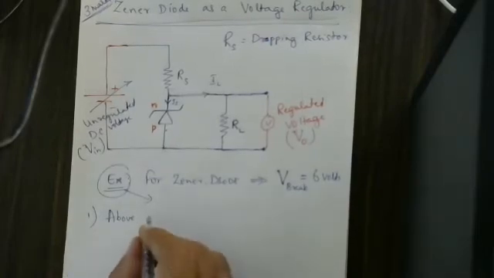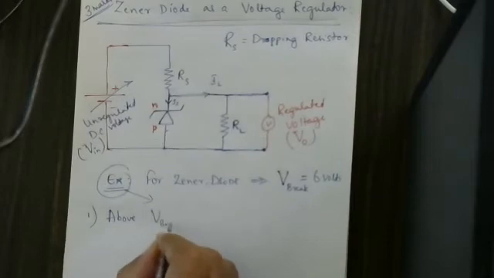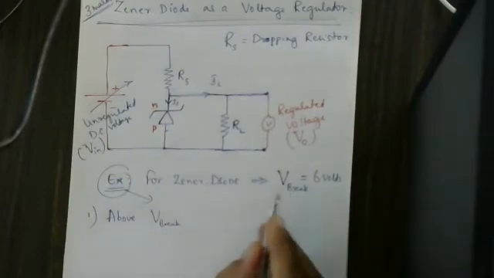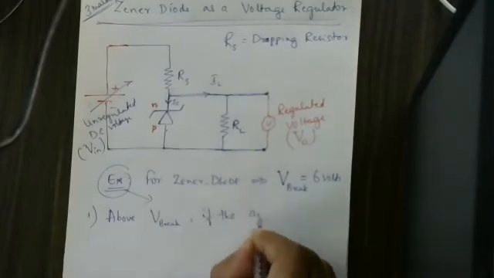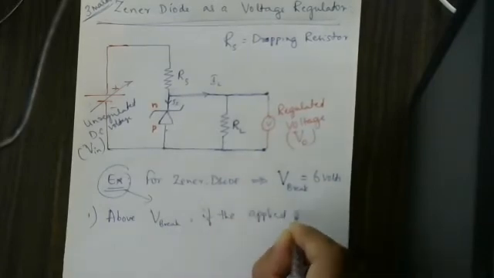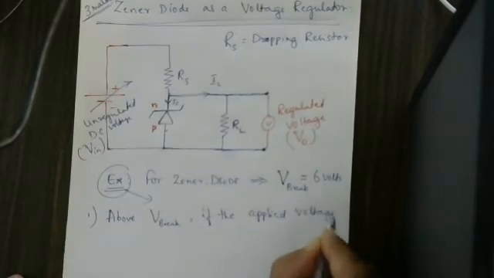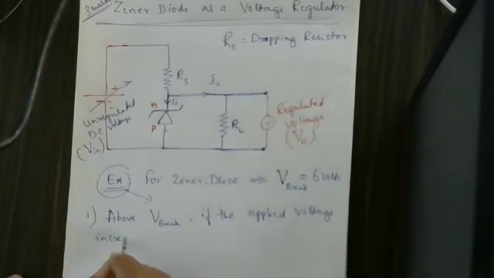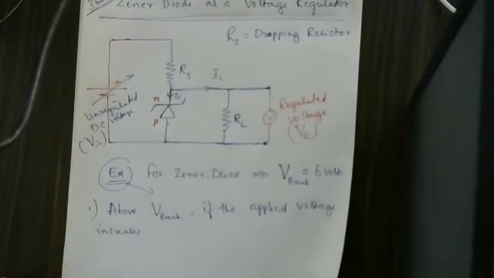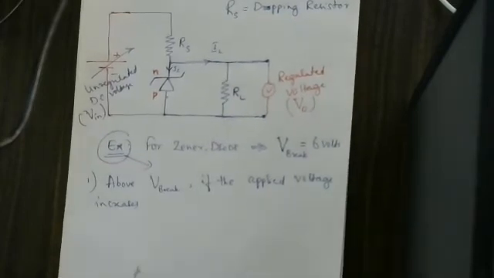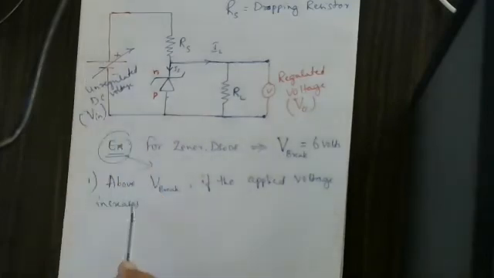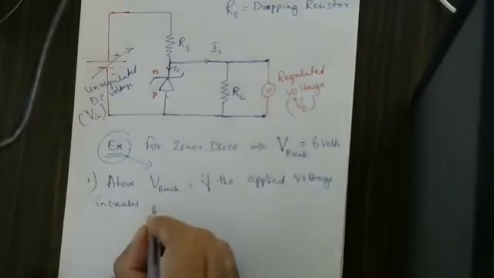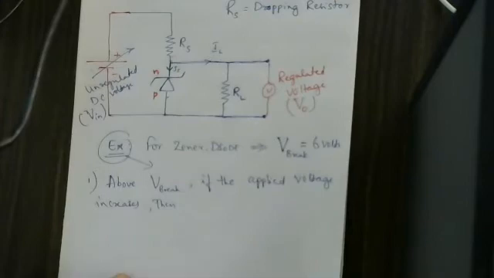Above V break. If the applied voltage increases above this breakdown voltage, here if you are increasing the voltage, then what is happening?